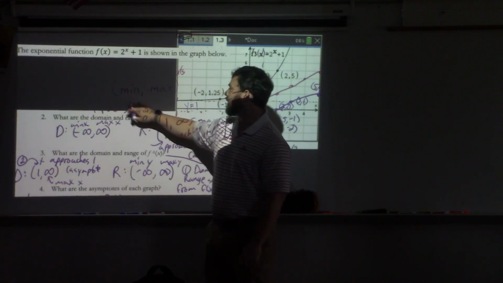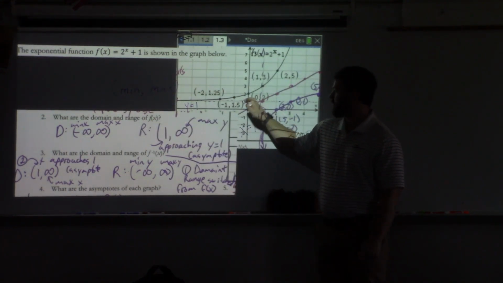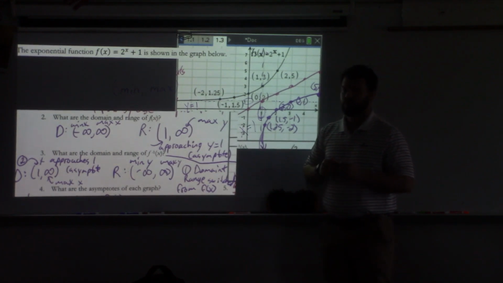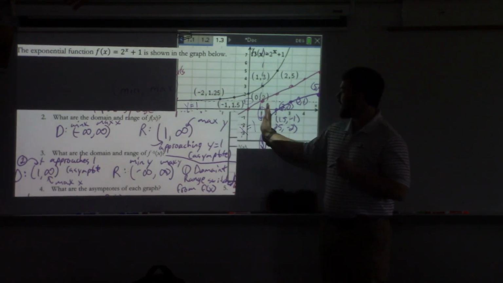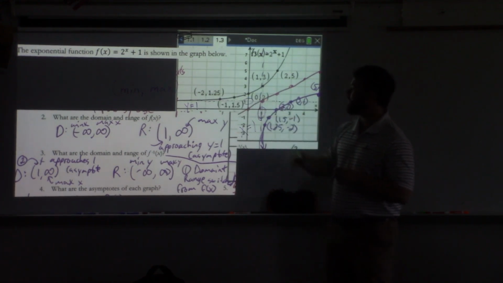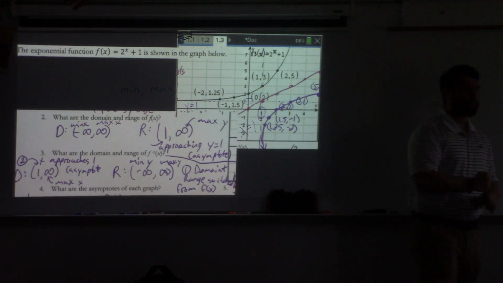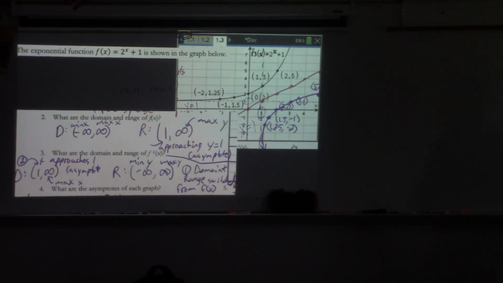You could have done -1, but remember that's not a -1, that is a positive 1. Positive 1. Right, so the minimum x is 1 for the inverse, the minimum y is 1 for the original f of x. Any other questions that I can answer to help us understand our domain and range better?